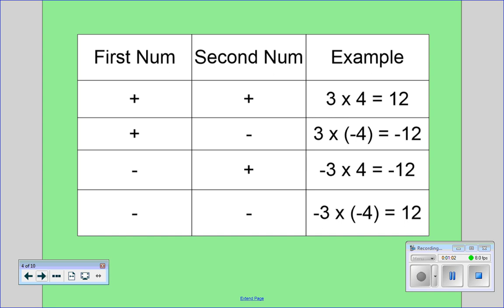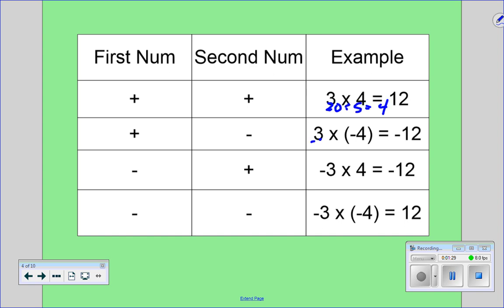Even though my example is multiplication, you can have division also, and it's still the same way. If you want examples of division, let's do 20 divided by 5, that's 4.